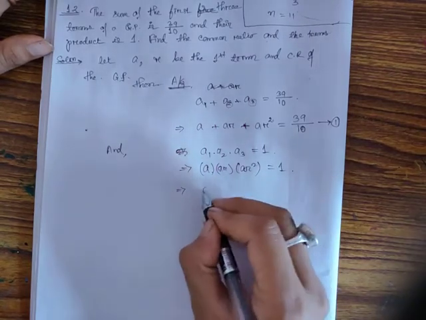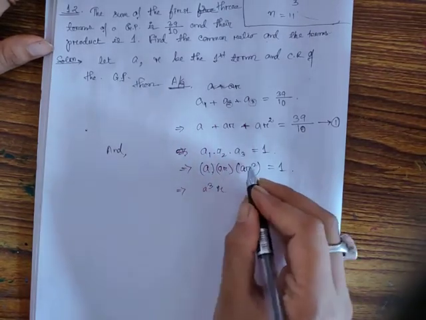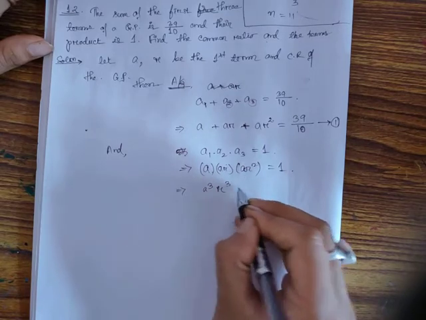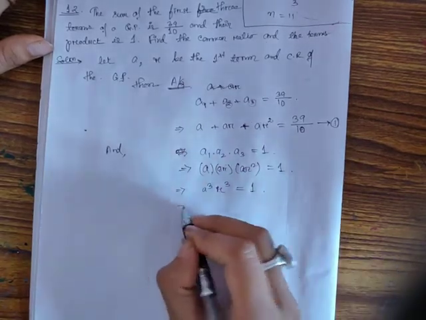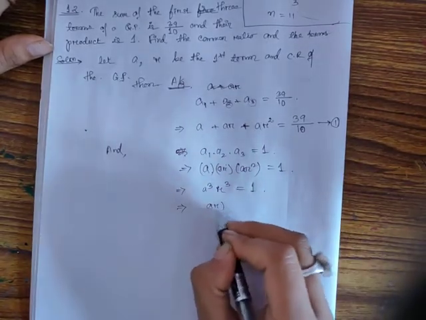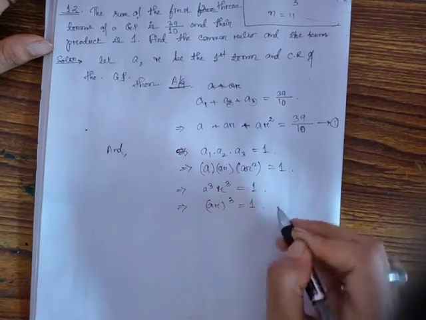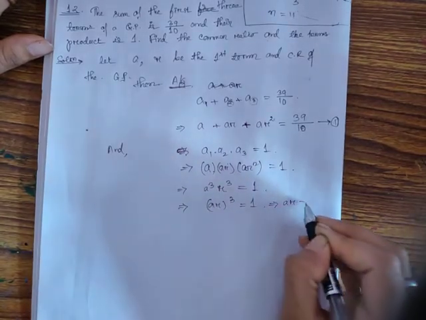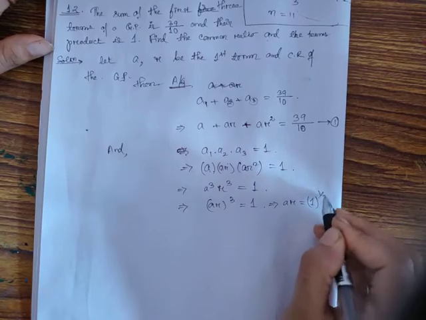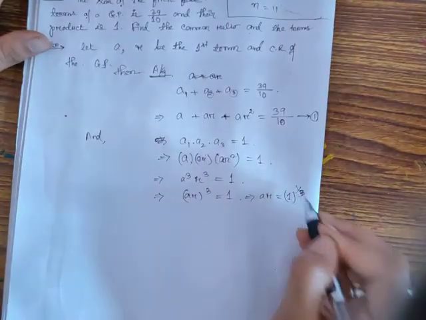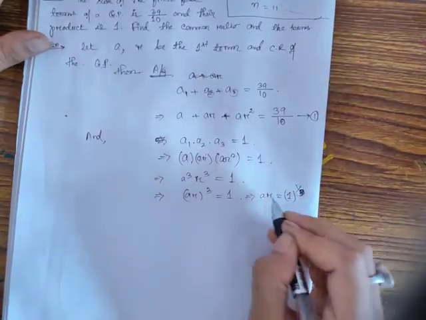So a times ar times ar squared equals 1, which gives a cube r cubed equals 1. You can write this as (ar) to the power 3 equals 1 to the power 3.